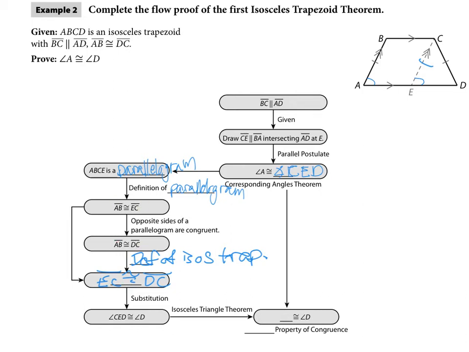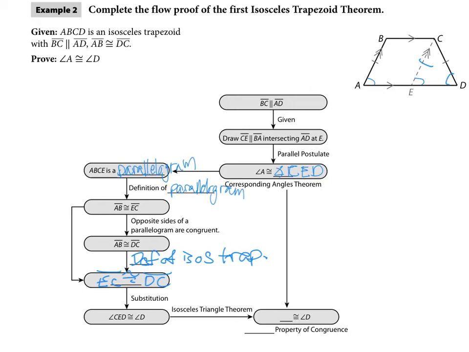Then once we know that we have two congruent sides, notice we've got an isosceles triangle happening over here. So angle CED is congruent to angle D because of the isosceles triangle theorem, and therefore if they're both equal to angle CED, we've got, again, A is congruent to CED, and now D is congruent to CED.